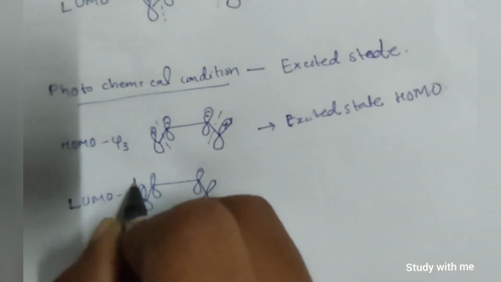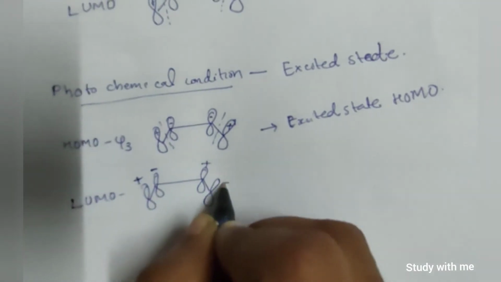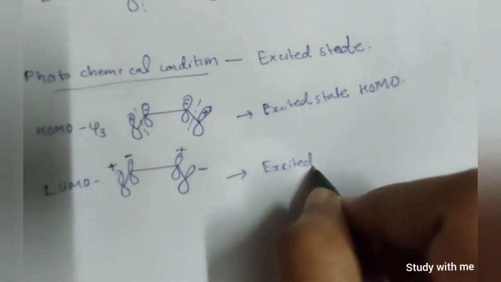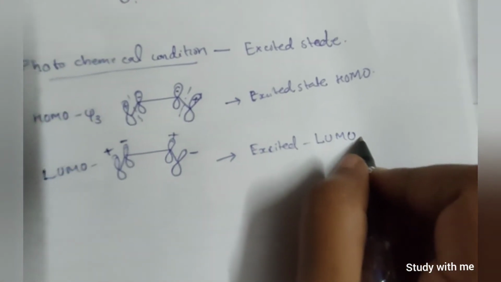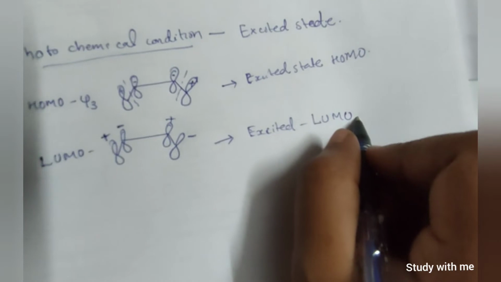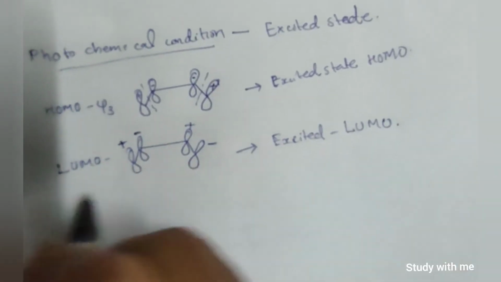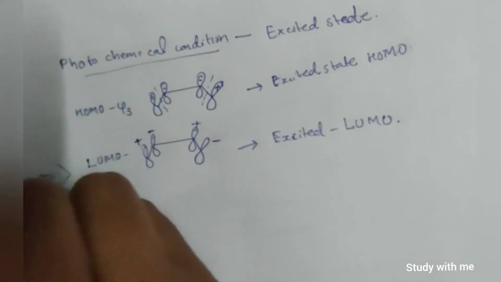That is the LUMO. So here will be positive, then negative, then positive, then negative. This is the excited LUMO. In the question, they have said to draw the LUMO of the same species under photochemical condition. So this is the answer for the question.